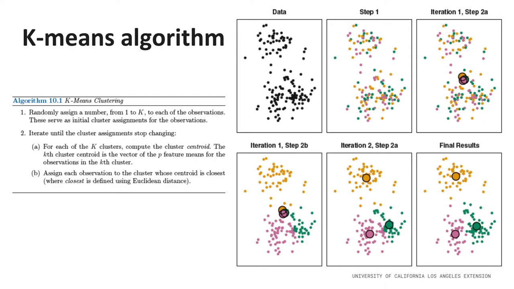And because we randomly assign the members, all the centroids start in a very similar location in the middle of our plot. However, they are a little different, and you can see that all the members in iteration 1 step 2b get updated to align to the closest centroid. And that's where the gold tan goes up, the green to the bottom right, the pink to the bottom left.